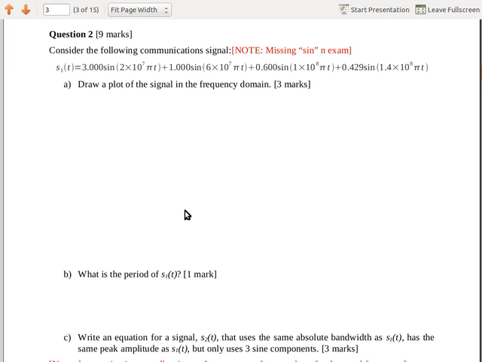The first part is 3 sine 2 by 10 to the 7 pi t.